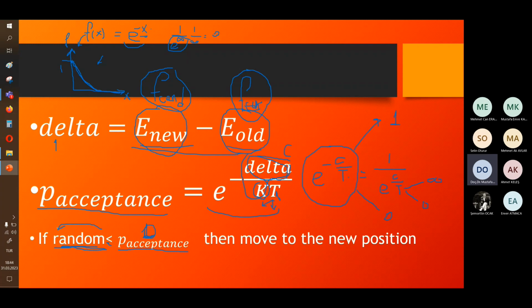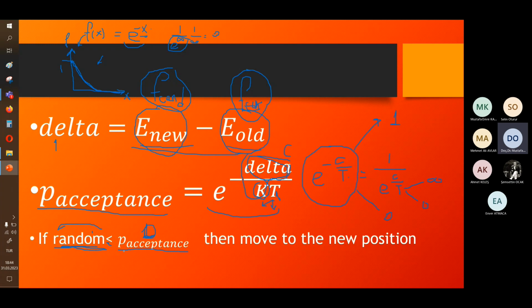So if you throw any number between 0 and 1, it means almost all of the bad solutions will be rejected because the acceptance threshold is 0. Unless the random number is 0, we will not be accepting solutions. Is that clear?